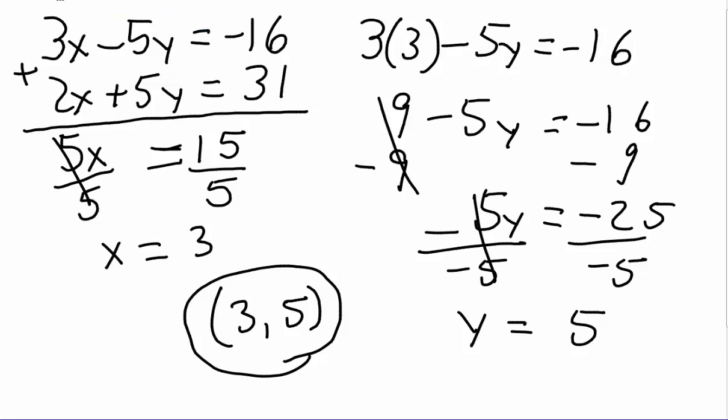So that is the easier of the type of elimination problems. The harder kind, but it's really not hard, it's just an extra step, is one that looks like this. Let me find one. Alright, so we have 4x minus 3y is equal to 12.